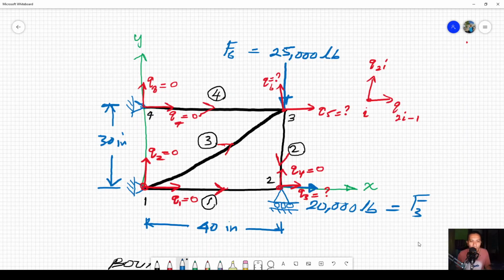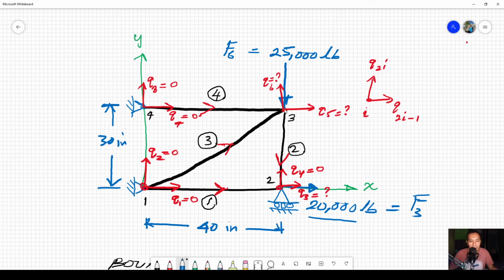For preparing the force vector, it is better to come back to our structure and evaluate the external forces that apply to it. Looking at this problem, we only have two external loads applied, which is 2,000 pounds applied at node number 2 in the x direction, which is equivalent to F3.